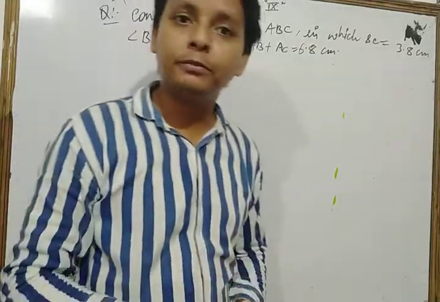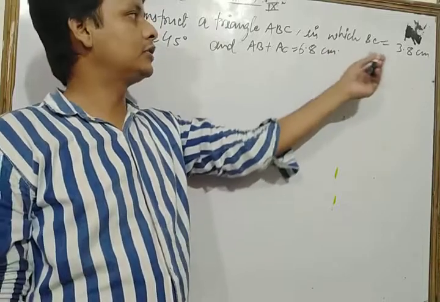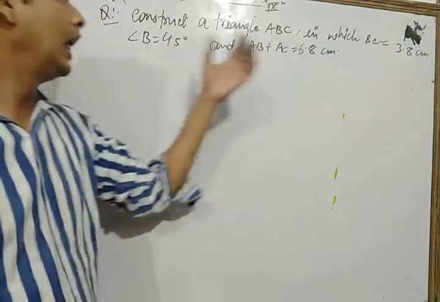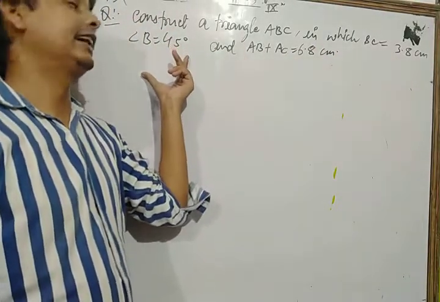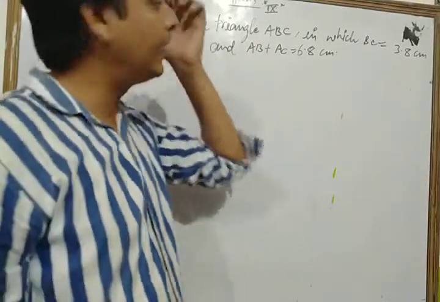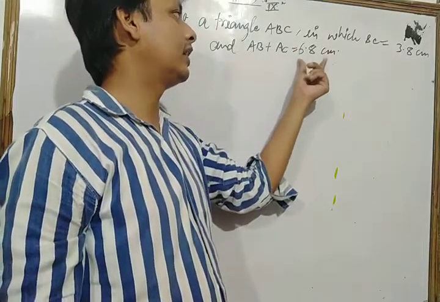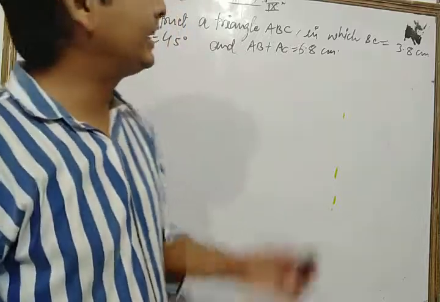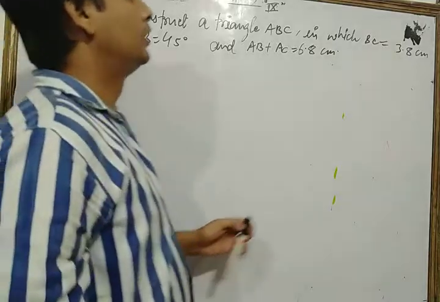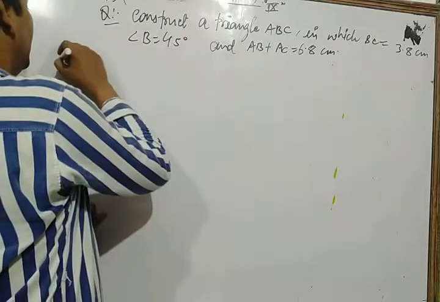Okay, this is a very important question of your chapter. Dear students, in order to construct a triangle ABC in which BC, its base, is equal to 3.8 centimeter, one base angle, angle B, is 45 degrees, and the sum of its two sides, AB plus AC, is also equal to 6.8 centimeter, all of which are given. Now, let's see its solution.